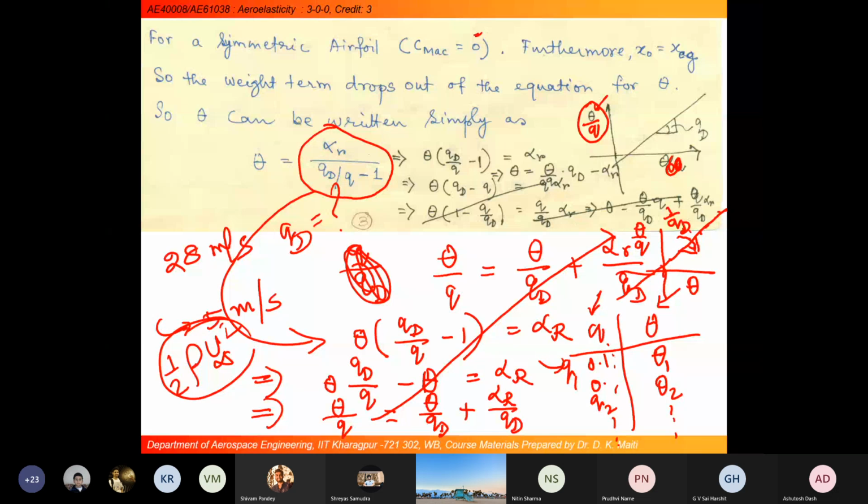The value of q I can get once I know the forward speed in the wind tunnel, and theta I can measure from the measuring device. We have to put a sensor, or a laser beam can be placed through a laser measuring system, and then we can measure the rotational deflection of the aerofoil that we are mounting in the wind tunnel.